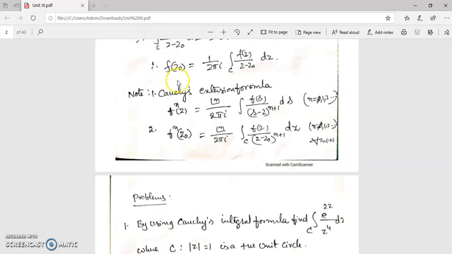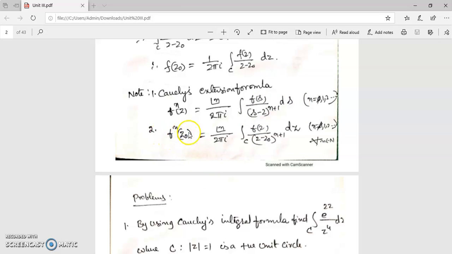And by the extension of Cauchy's theorem, the nth differentiation of f(z) is equal to factorial n by 2 pi i into the integration of f(s) by (s minus z) power n plus 1 ds.